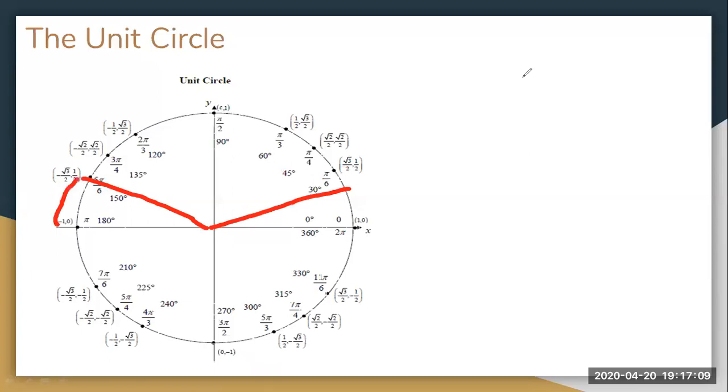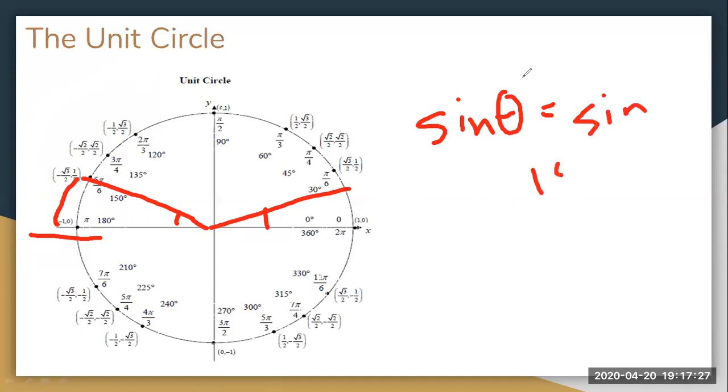This is 180 degrees minus 30 degrees, and this is 30 degrees. You have shown that sine theta equals sine of 180 minus theta. Yeah, that's right.